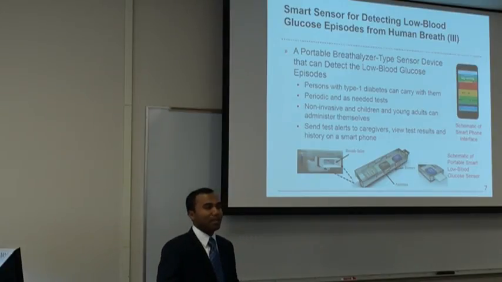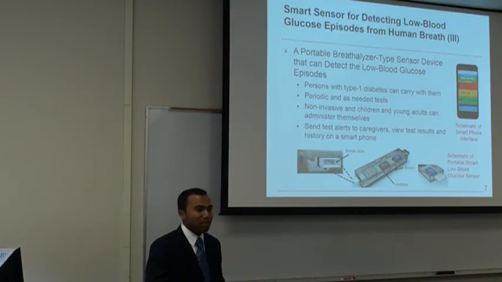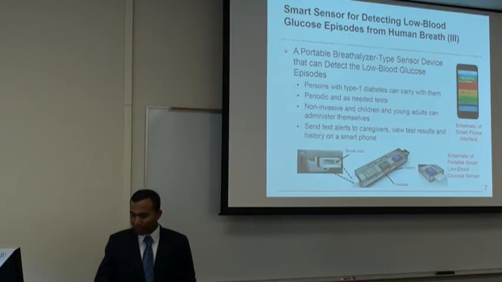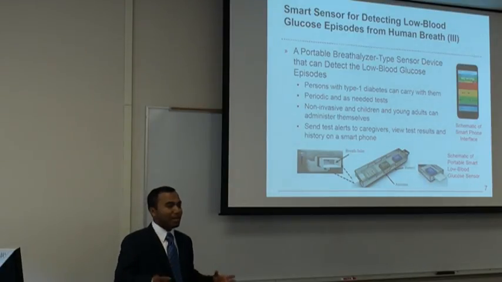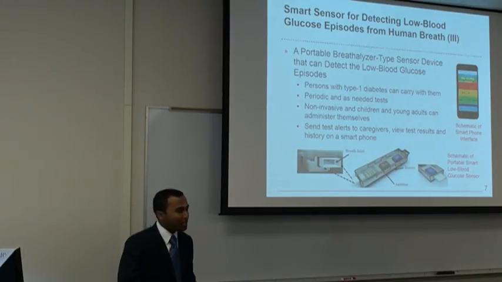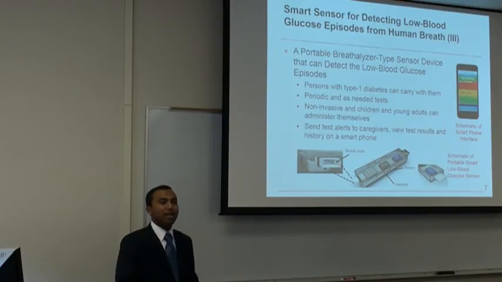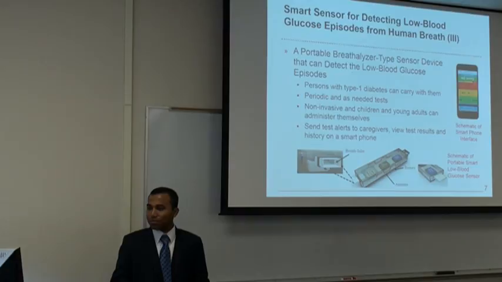For that, we also wanted to have a communication capability. That's where we combine it as a smart sensing system, where it has a sensing capability, signal analyzing capability, displaying the information on the device, and sending the information to the user.